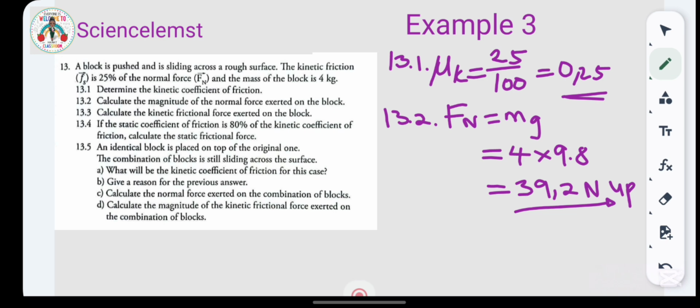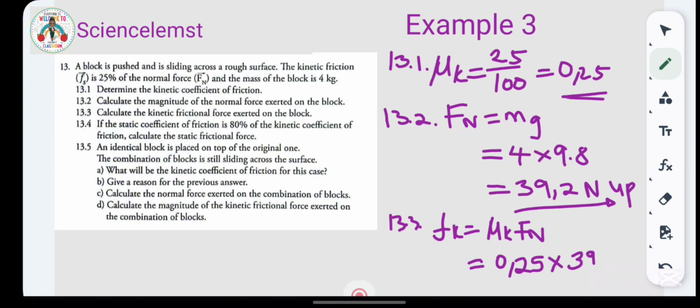Calculate the kinetic frictional force exerted on the block. So 13.3. Fk, it's UK multiplied by the normal force. So it's going to be 0.25 multiplied by 39.2.